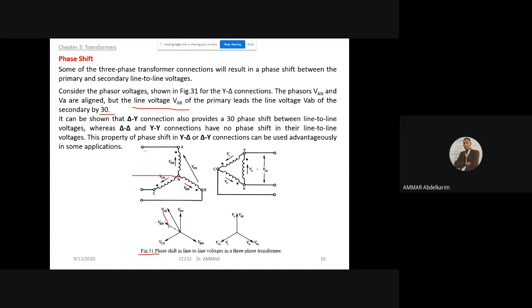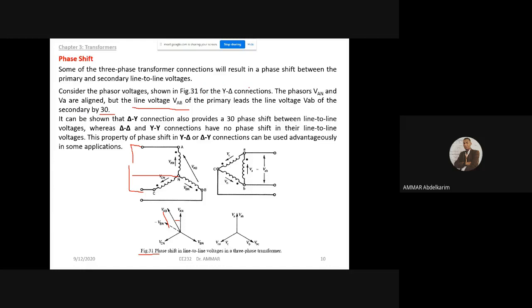Here we have one voltage, we don't have ground, but here we can have two different voltage values, but of course our source is connected line to line. So a shift angle can be provided by this type of connection.